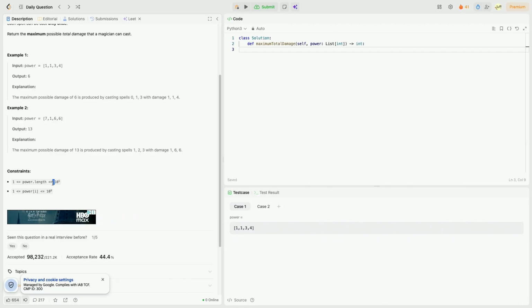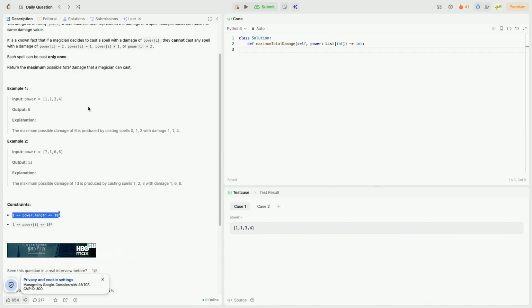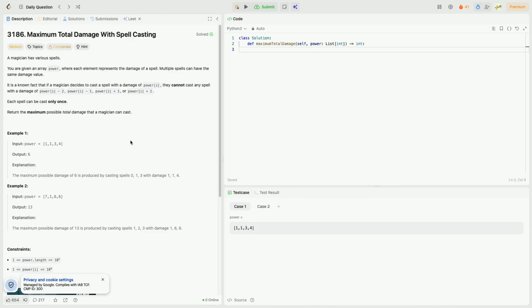So maybe just sorting this whole thing in n log n time is better because we'll have less messing with memory operations, etc. So that's what I would do. However, in order to be able to sort this, we could actually just sort it, but we can make that a little bit easier for us.